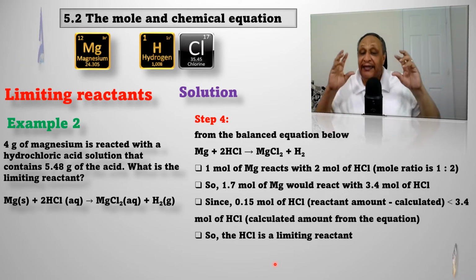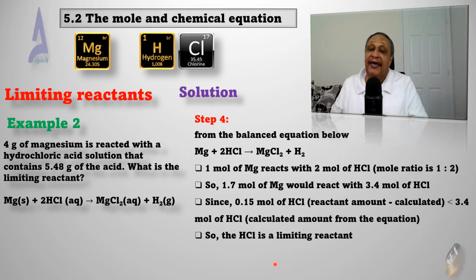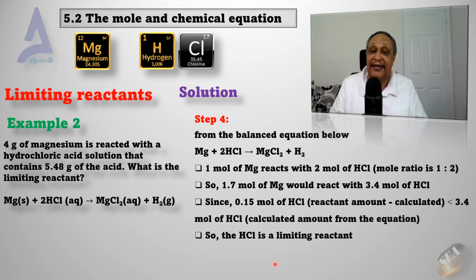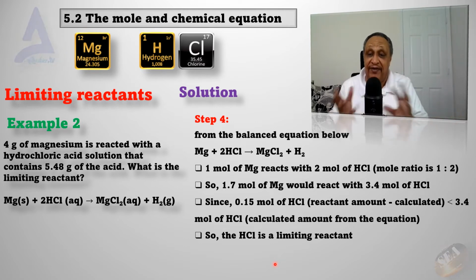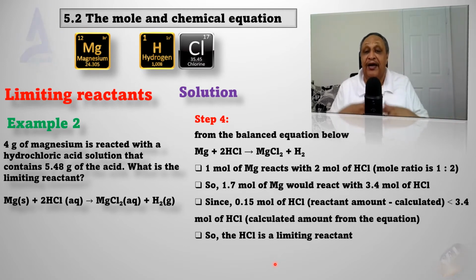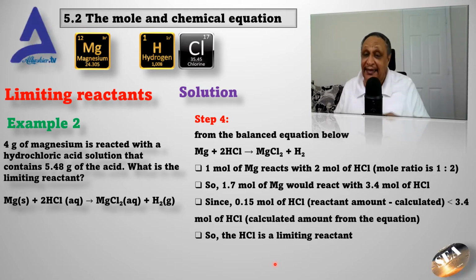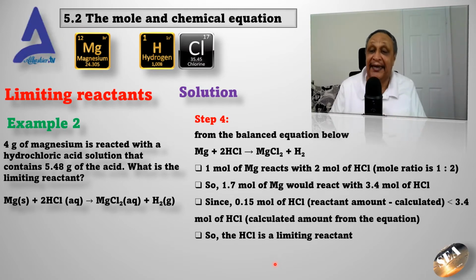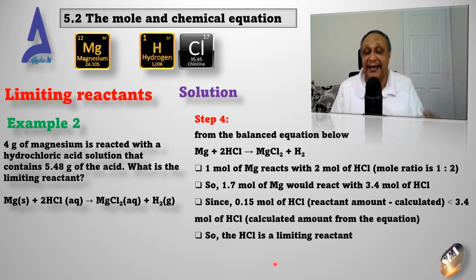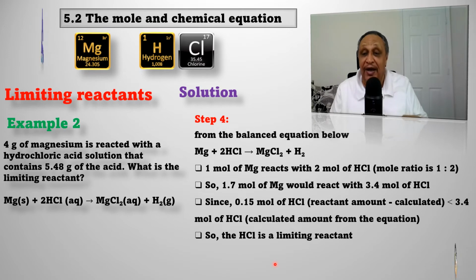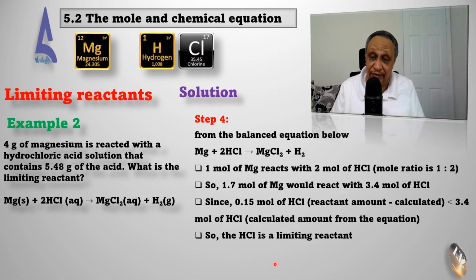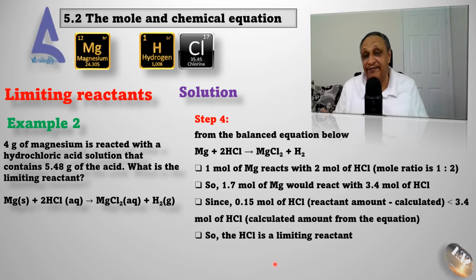We have a limited amount. So HCl is the limiting reactant. On the other hand, if we reverse it, we prove that magnesium is the reactant in excess, the reactant in abundance, the one with the greater number of moles. Very easy, simple.